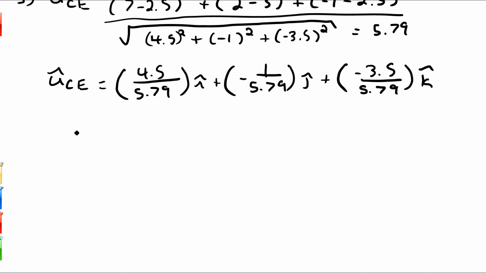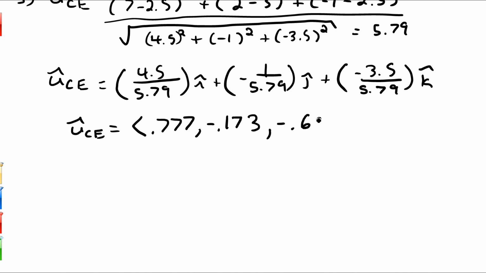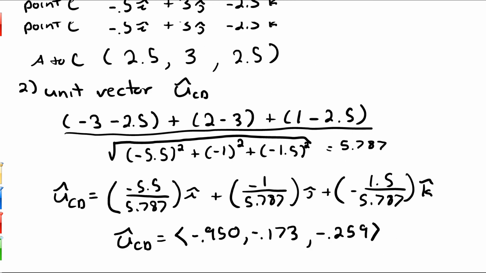And let's go ahead and break it down a little bit farther, and get all that math out so we get nicer looking numbers. 0.777, negative 0.173, and a negative 0.605. Okie doke, that's our U hat CE.